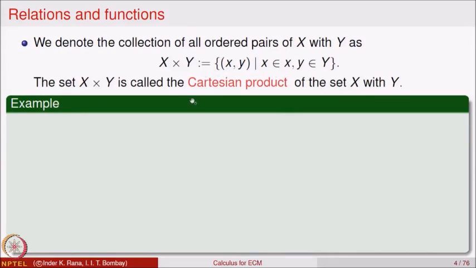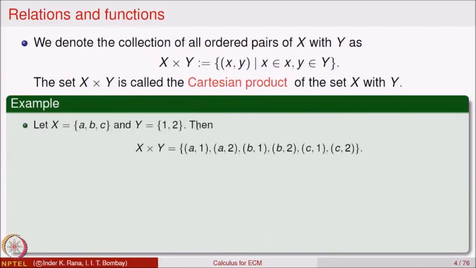So, let us look at some examples of these things. Let us say X is the set of English alphabets A, B and C, and Y is the set of numbers 1 and 2. Then what are the ordered pairs possible? We take one element A of X and we can pair it with either 1 or 2. So, when we pair it with 1, we get an ordered pair (A, 1).